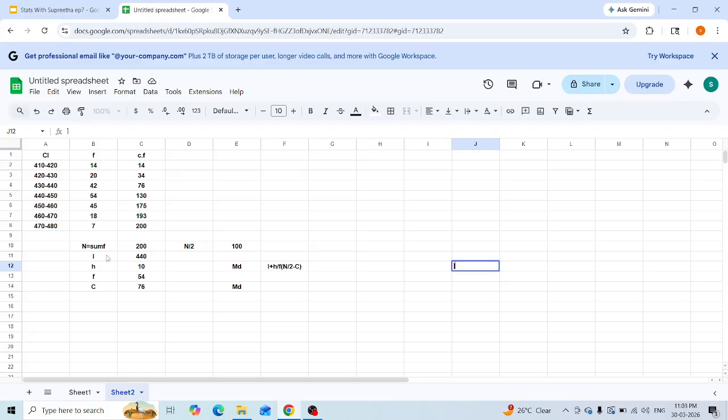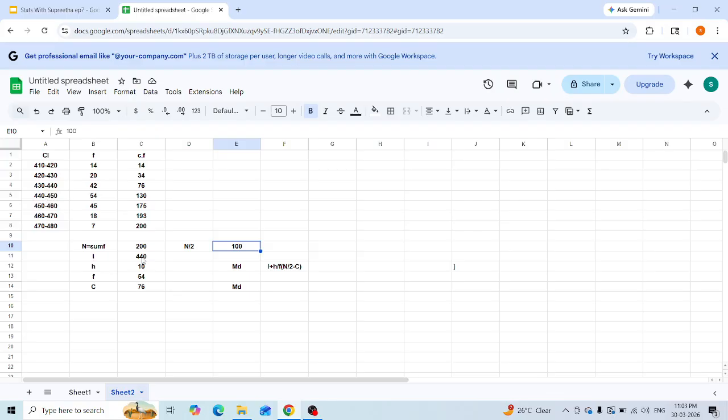Then find n by 2. What is n? N is the sum of f, that is 200. Now n by 2 is 200 divided by 2, which is 100. Next, see the cumulative frequency just greater than n by 2, that is 130. So the corresponding class containing the median value, the median class, is 440 to 450.